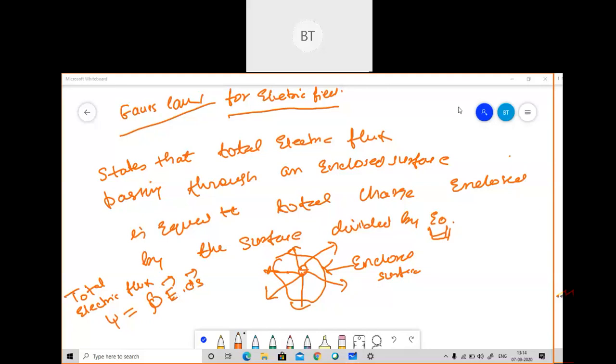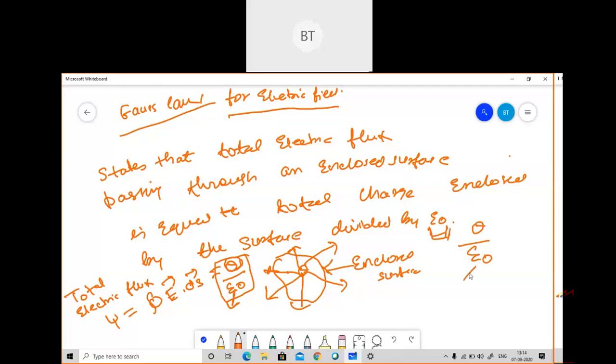That will be equal to Q by epsilon naught for the enclosed surface. So this is the definition of Gauss law. This is the charge which has been placed inside that field, and this is epsilon naught. This is the enclosed surface.